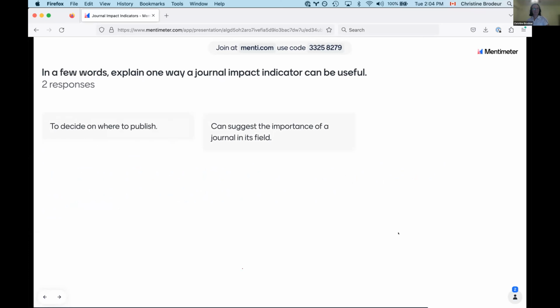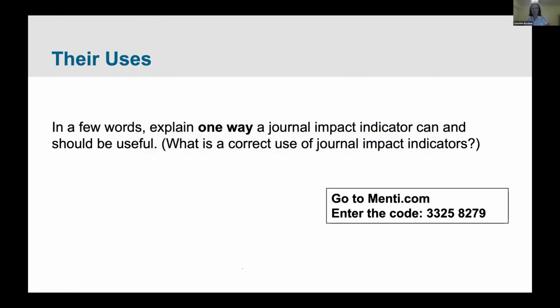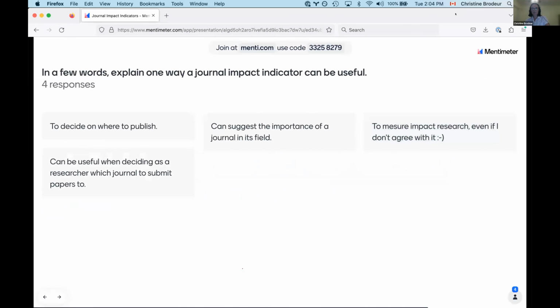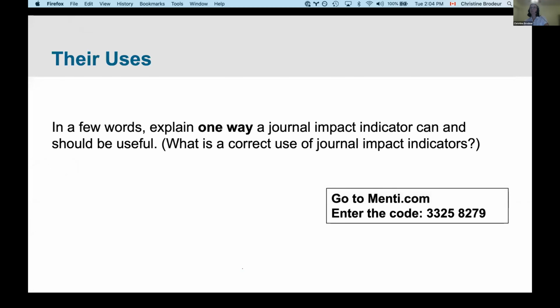I won't put that as a shared screen for now, so you don't see other people's answers. I'll wait a bit and then I'll bring it back in. And as you type, I will read and see if I can group a few things together. So it's anonymous. Don't worry if you make spelling mistakes.